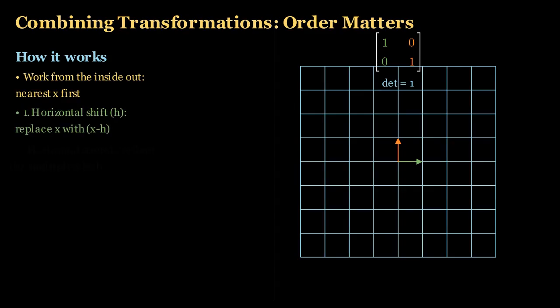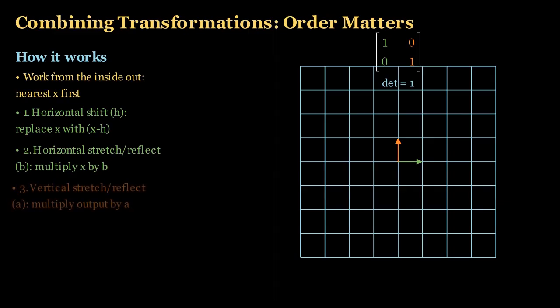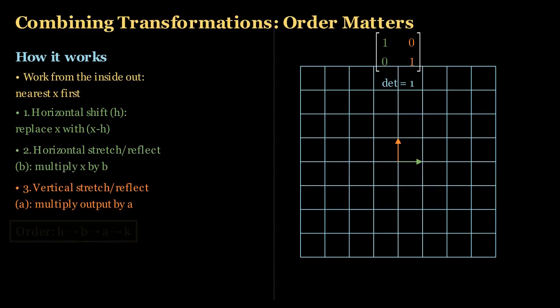If b is between 0 and 1, it is a horizontal stretch, pulling it outward. A negative b also flips the graph across the y-axis. Step 3 is the vertical stretch or reflection, controlled by a. We take the whole output of the function and multiply it by a.